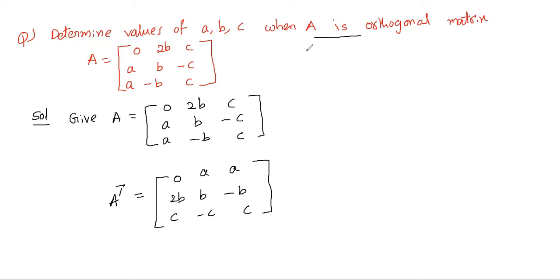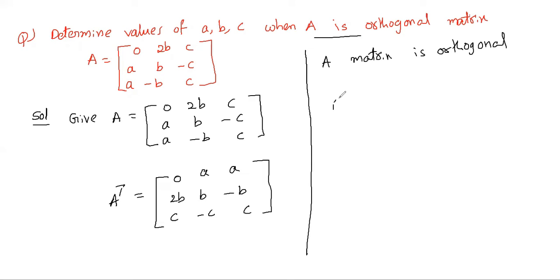Now, a matrix is orthogonal if A into A transpose equals identity. When A into A transpose equals identity, then the matrix is orthogonal. That means we take A as an orthogonal matrix and find the values of a, b, c.